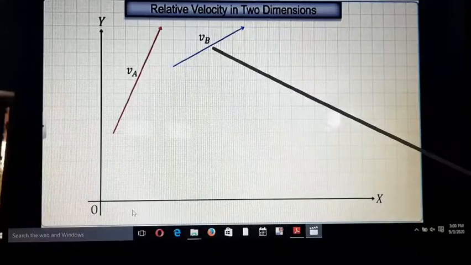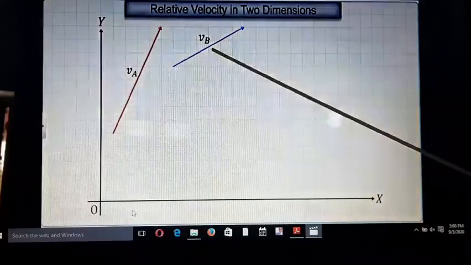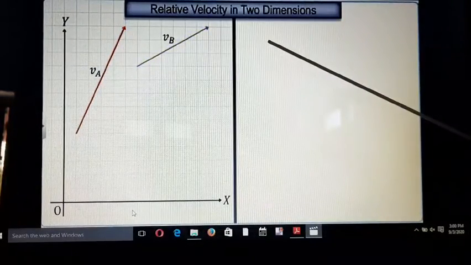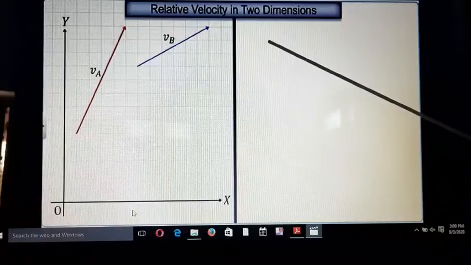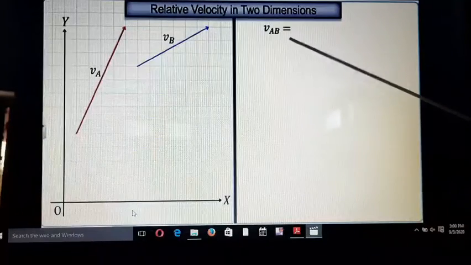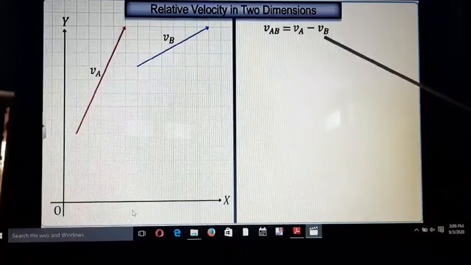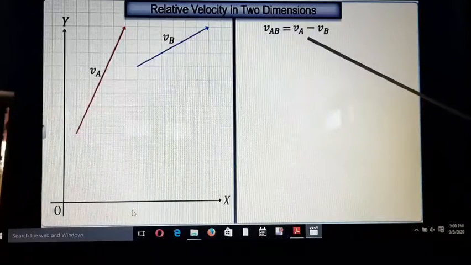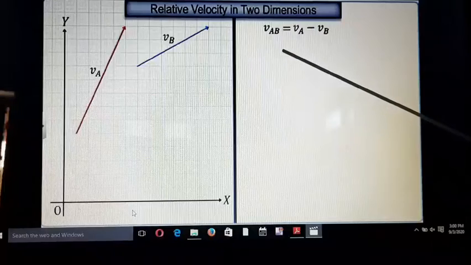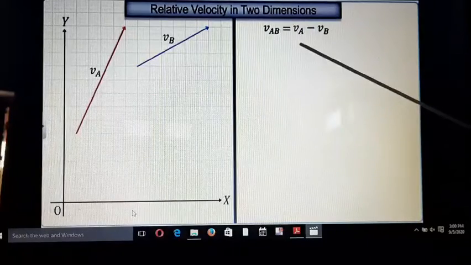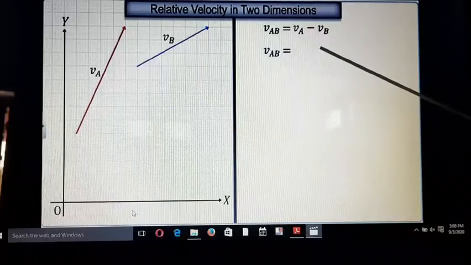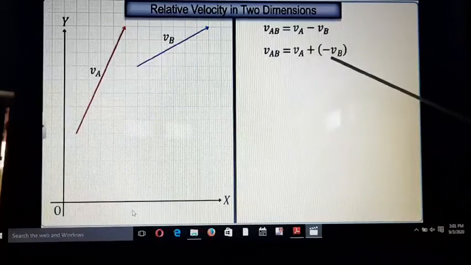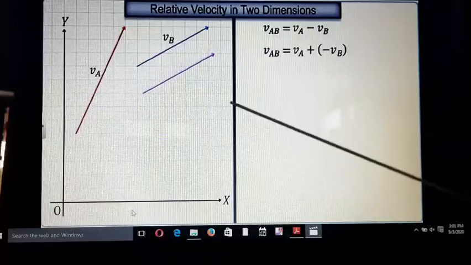Now we want to find the relative velocity, which means we can write Vab is equal to Va minus Vb. But we can write this same formula as Vab is equal to Va plus minus Vb. Here plus and minus Vb means, look here.